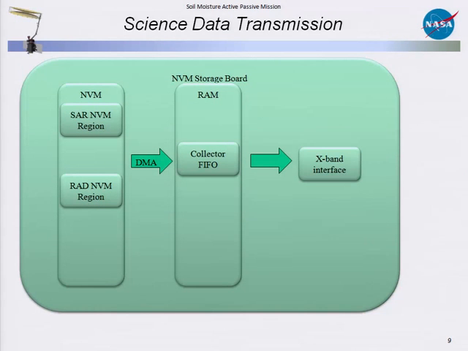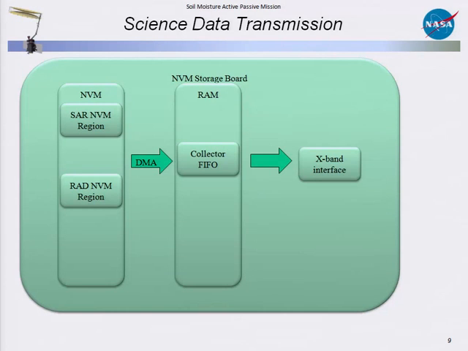Now we have the data saved. Now the question is, how do we get it out? As you recall from before, we have our data, SAR and RAD, in the non-volatile memory. And again, the data hasn't left the board yet. We're going to do another DMA. This DMA is from non-volatile memory to another FIFO allocated within the RAM, which is still in the NVM storage board.